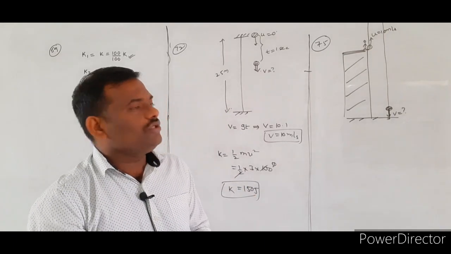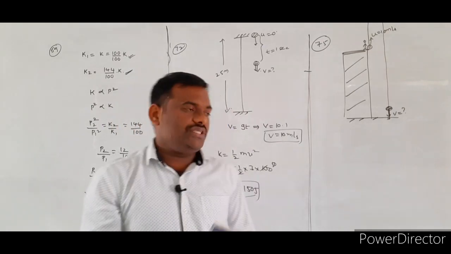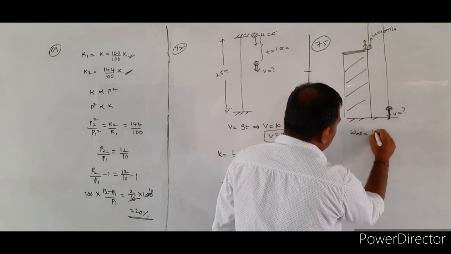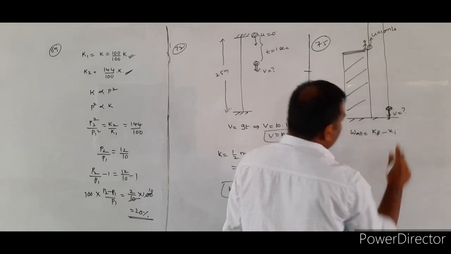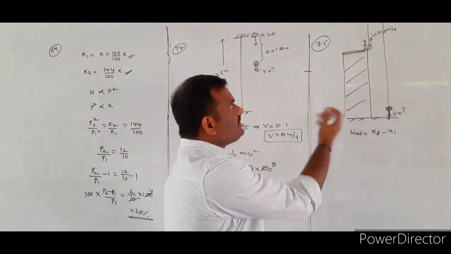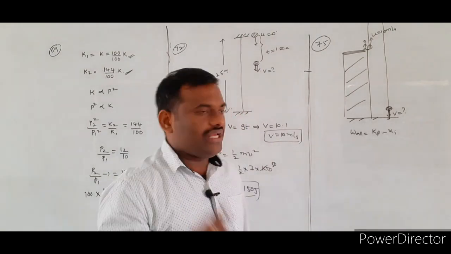So, to solve this numerical, I will go through the work energy theorem. What is the work energy theorem? Work done by all the forces is equal to change in kinetic energy. Here, which force is acting on the body? Gravitational force.